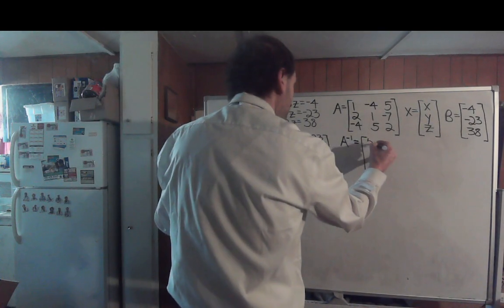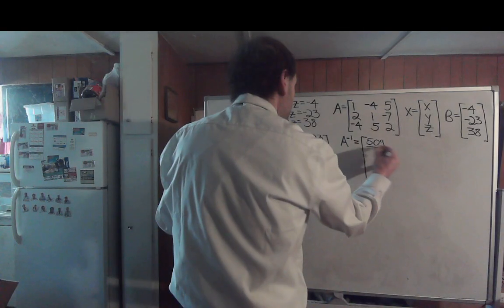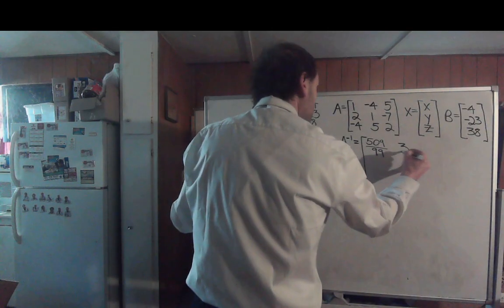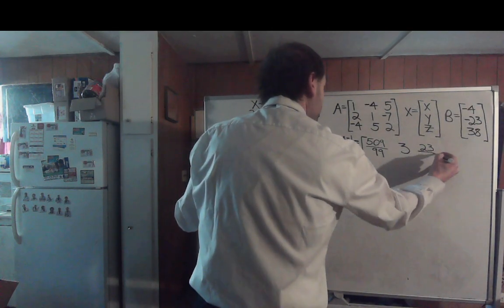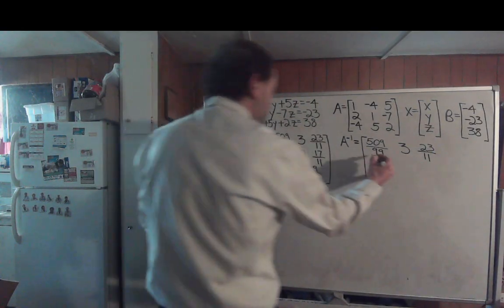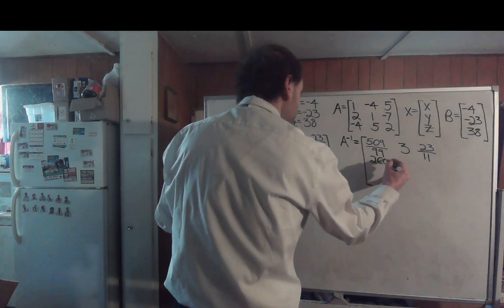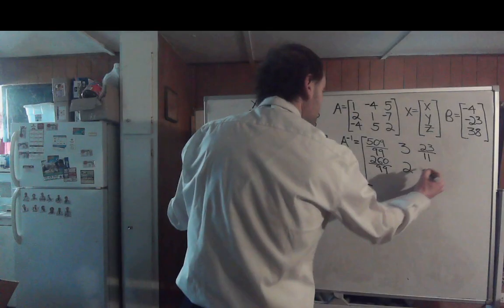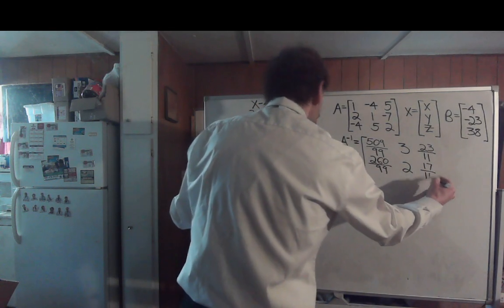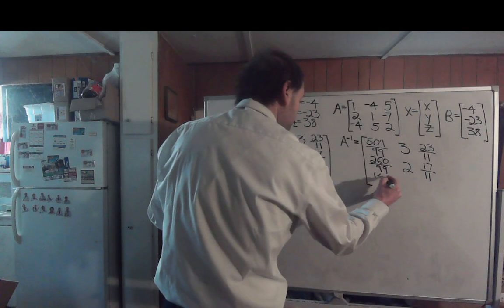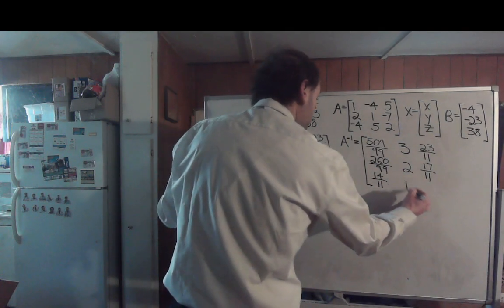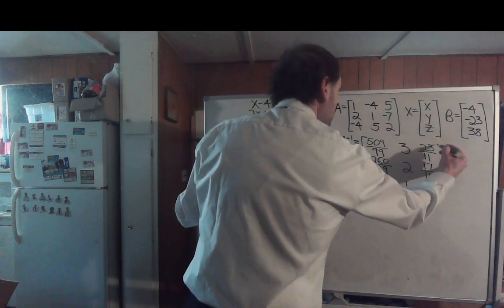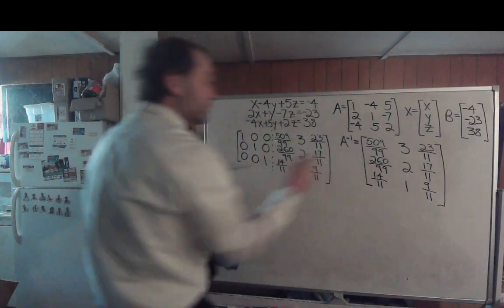So you'll have the 509/99, the 3, the 23/11, the 260/99, the 2, the 17/11, the 14/11, the 1, and then the 9/11. So here is your inverse of A matrix.